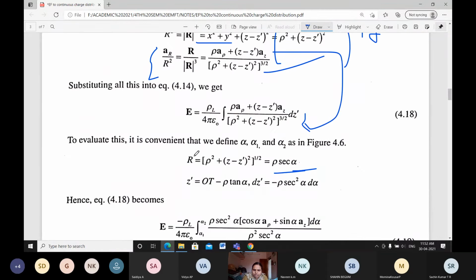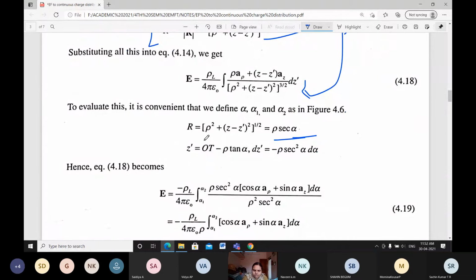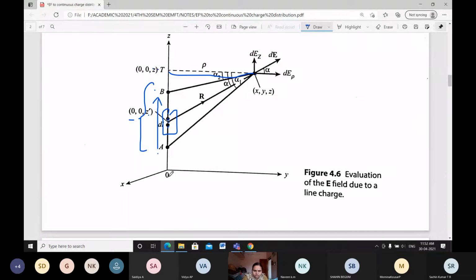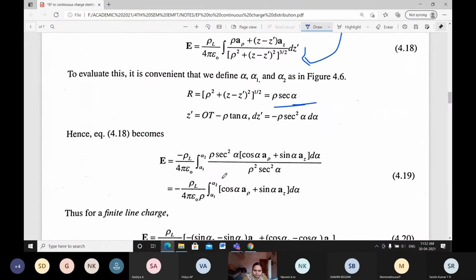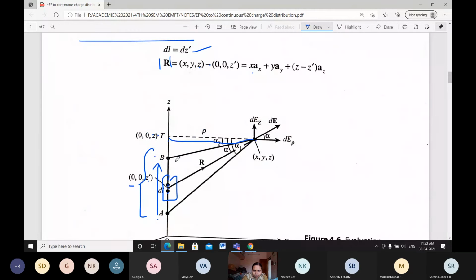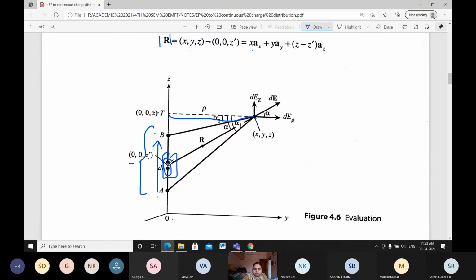For that reason, z dash is going to be OT minus rho tan alpha, because we are interested to find only this part where our dl exists. OT minus this gives our limit from A to B.